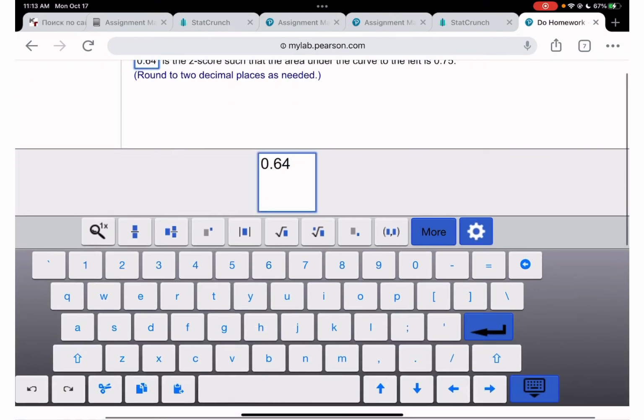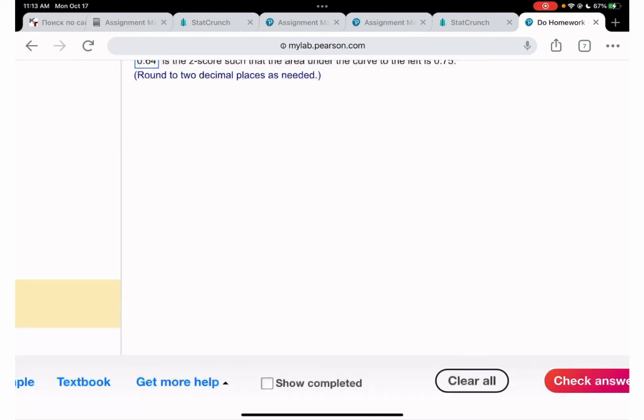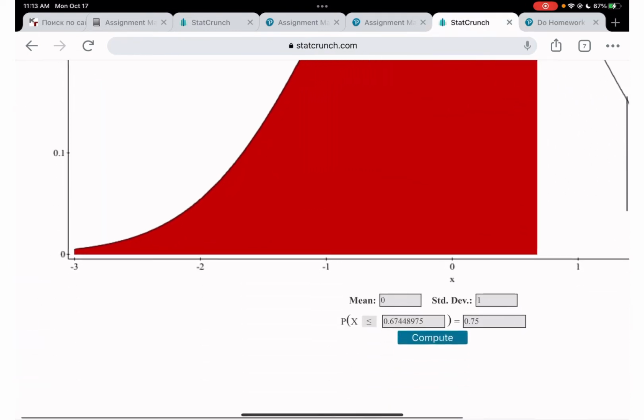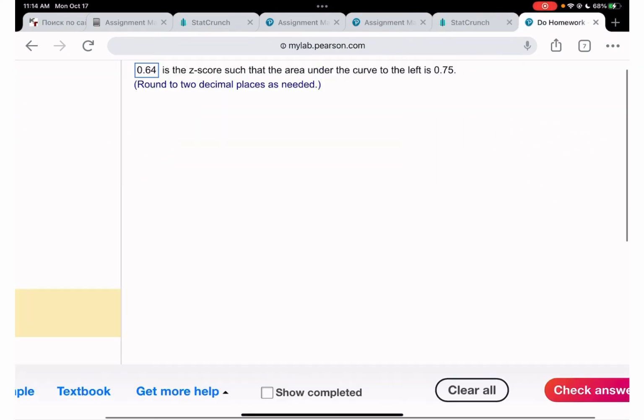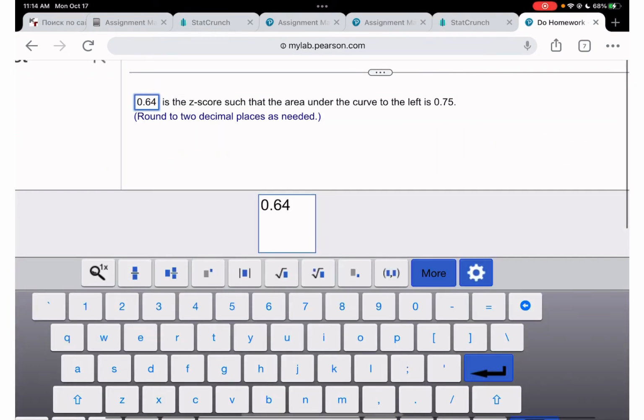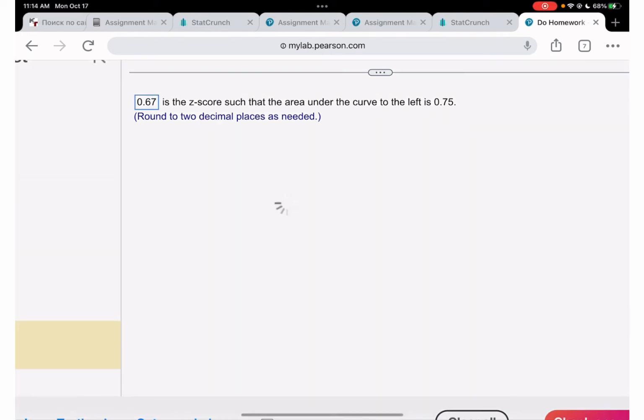0.64. Oops, why is it incorrect? Let's see what did I put. Okay, 0.67. Oh, here it is. 0.67.